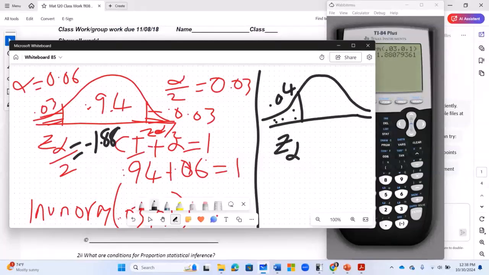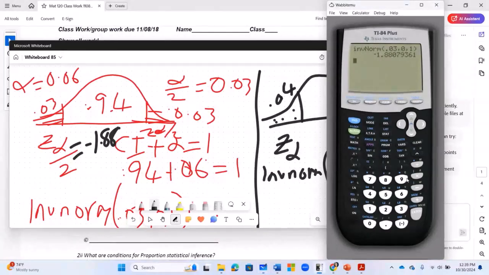Okay, so what is the argument? The argument is inverse norm, and then the area to the left is 0.04, and the mean is 0, standard deviation is 1. I'll close parentheses and put it in my calculator to find the area to the left, 4% in the standard normal curve.